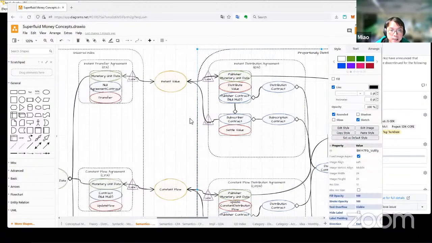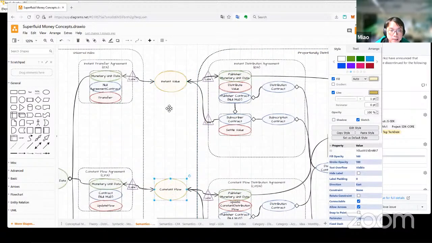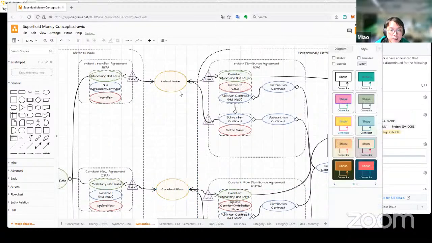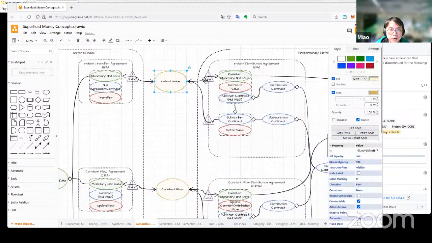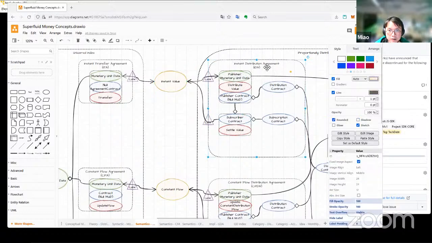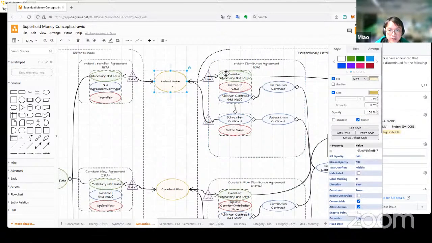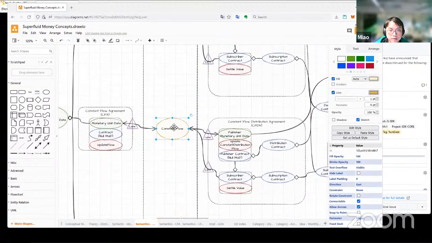It is using the same instant value or constant flow formula, but cast through the lens to different instances. In this case, you cast the instant value into an IDA publisher and IDA subscriber. With constant flow, you cast into a CFDA publisher and CFDA subscriber.